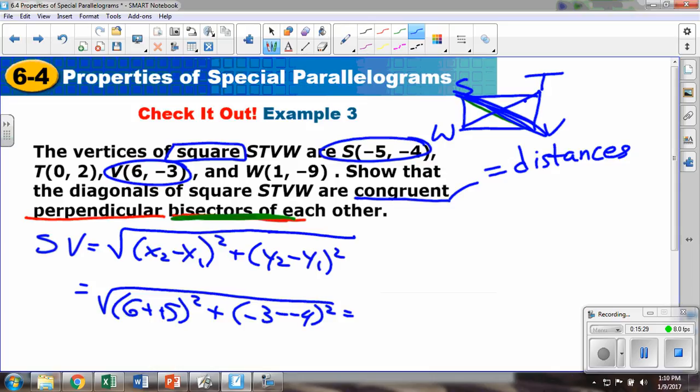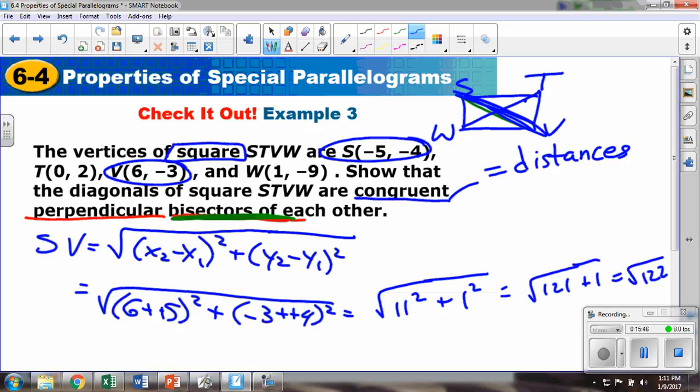So adding the opposite, we get 11 squared plus -3 plus 4 equals 1. So 1 squared, which is the square root of 121 plus 1. So we've got the square root of 122. That's our distance.